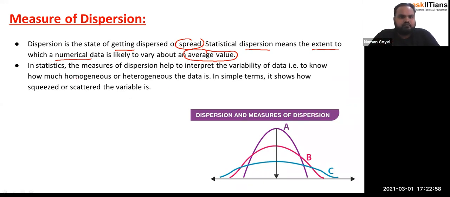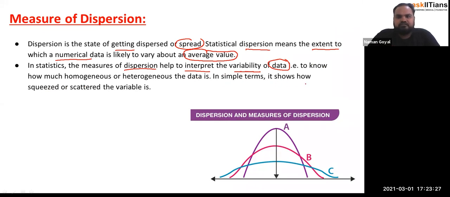In statistics, the measure of dispersion helps to interpret the variability of the data. If we have an average value and we want to check how much variability there is, we use the dispersion concept. That is, to know how homogeneous or heterogeneous the data is.